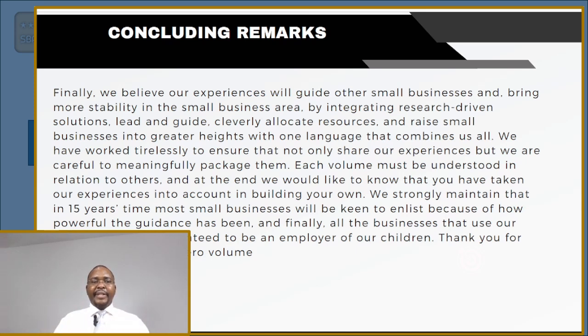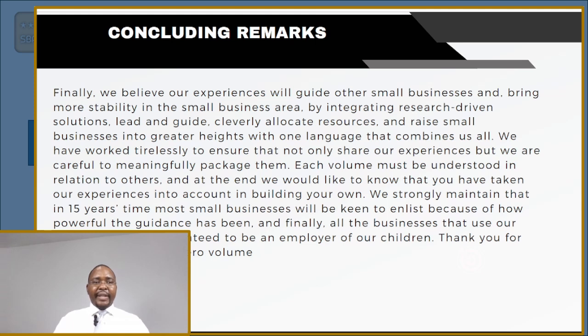We strongly maintain that in 15 years' time, most businesses, can you see that this is a long-time project? But what we want is that you journey with us, start this project with us. Let us reach that 15 years together, or it can be even less than that, depending on what the government's attitude is towards this great initiative.